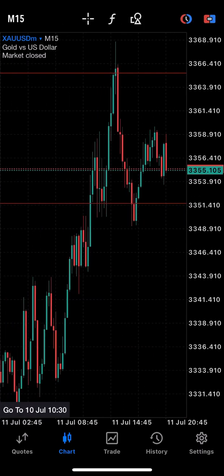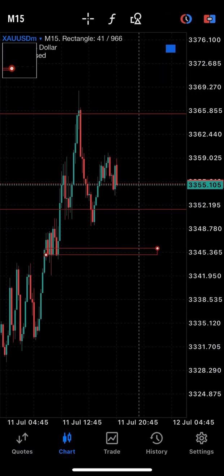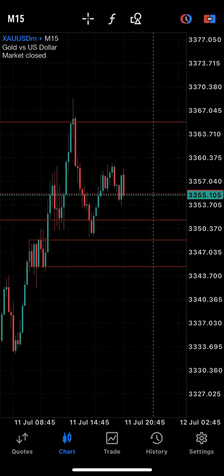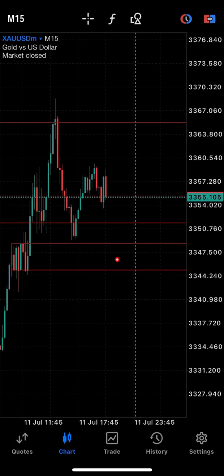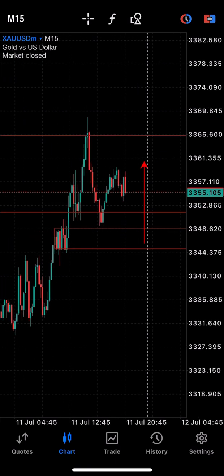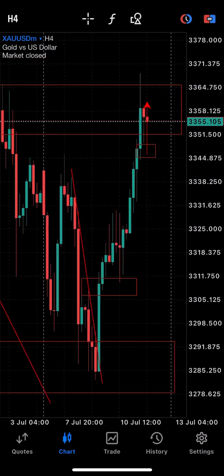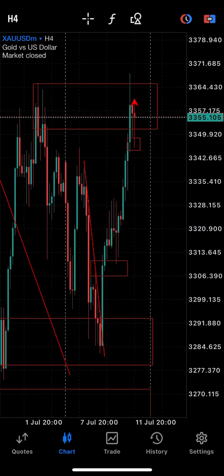Then on the M15 time frame, we have a demand zone here, which I'll be expecting the market to fly from. But don't forget that the market is in a supply area on the 4 hour time frame, meaning the market might continue dropping from this supply area.